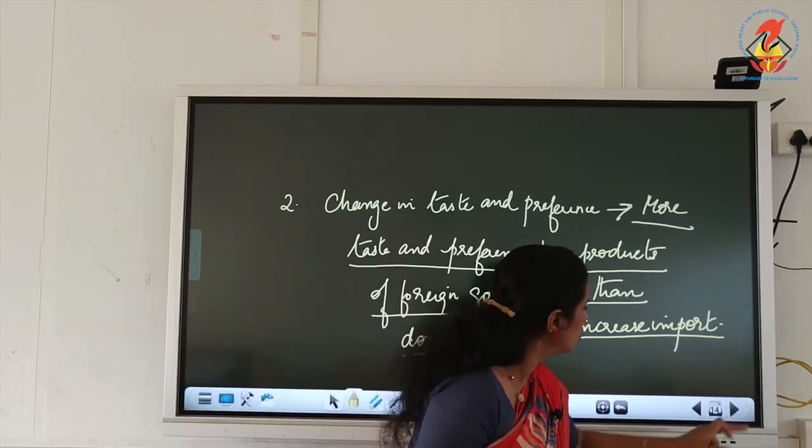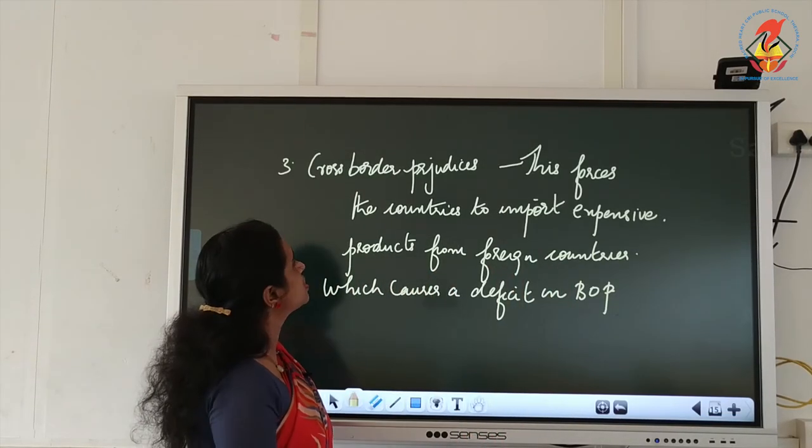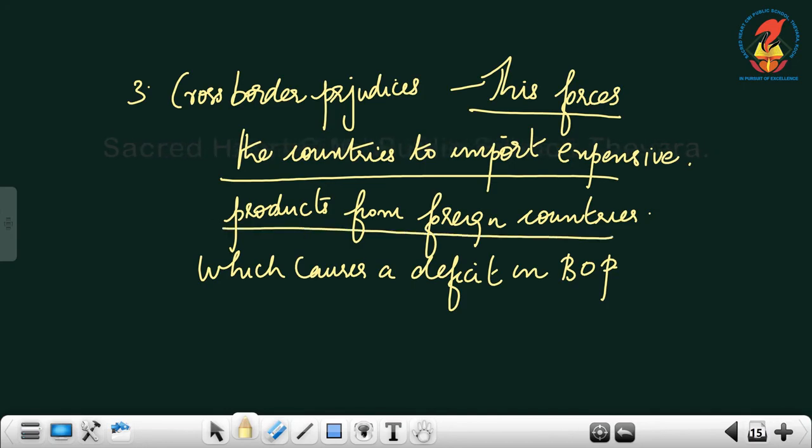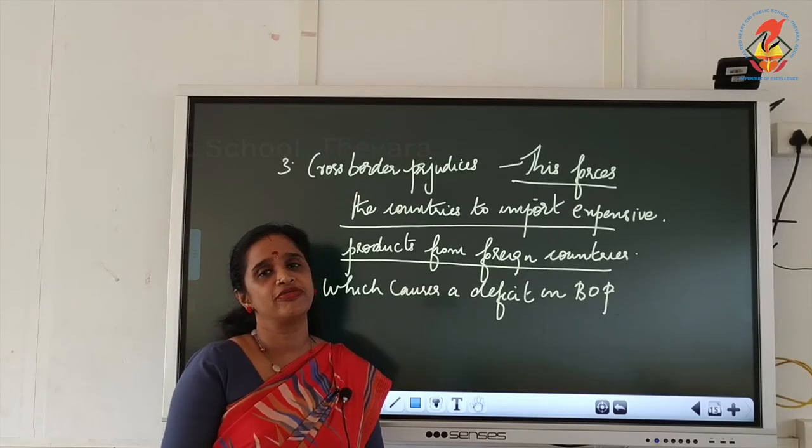Now we will move on to the last factor, cross-border prejudices. That means more dependency on the import of goods. If there is more dependency, the country will be forced to import expensive products from foreign countries. People of domestic countries are in very much need of the foreign goods.